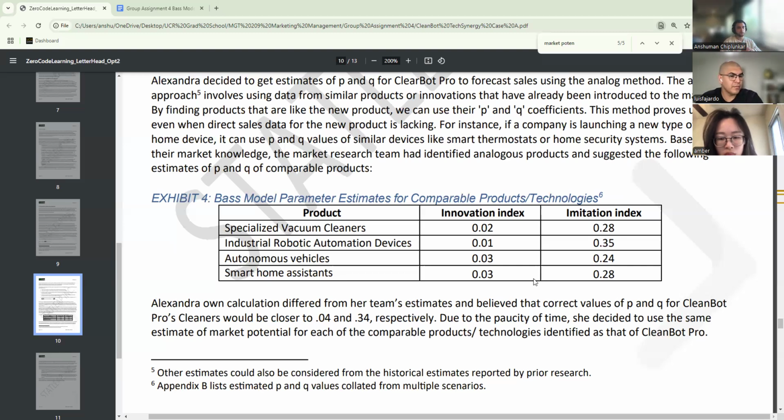Except our qualitative analysis has revealed that customers are probably not that happy, or they think that the CleanBot, whatever device, is too complicated, and don't feel as good about the product as we think our product is, right? So instead of using one of these innovation and imitation indices, we're creating one of our own, an innovation index of 0.04 and 0.34. So this is our estimated analog.